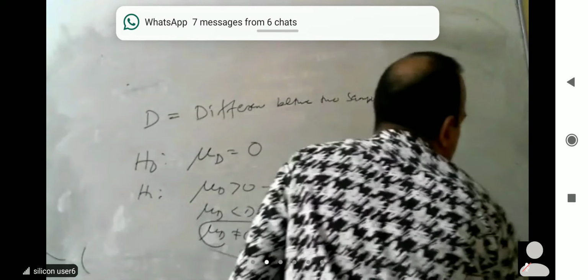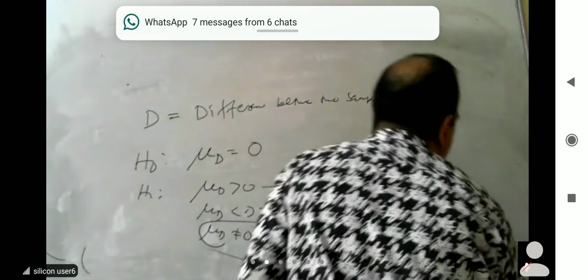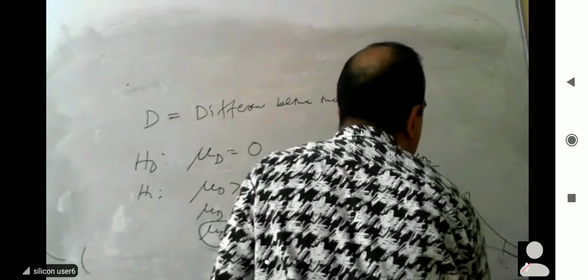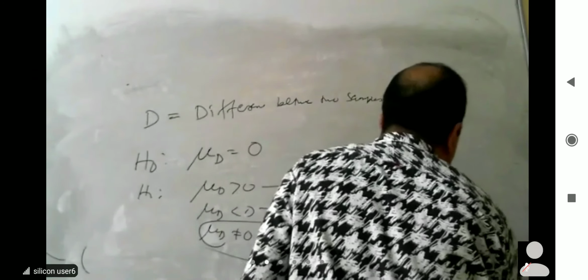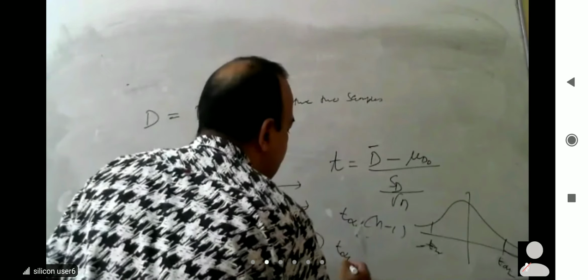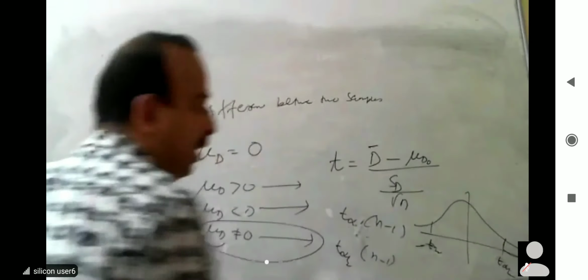For right tail T alpha, for left tail minus T alpha, for two tail T alpha by 2 and minus T alpha by 2, with n minus 1 degrees of freedom.